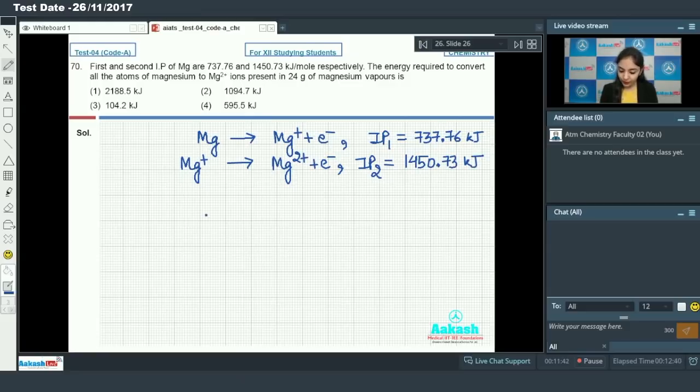Now we have been asked to calculate the energy required to convert all the atoms of magnesium to Mg2 plus and 2 electrons.